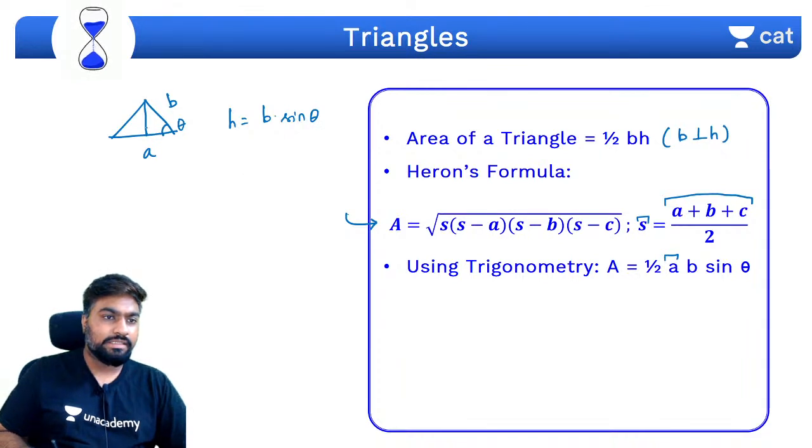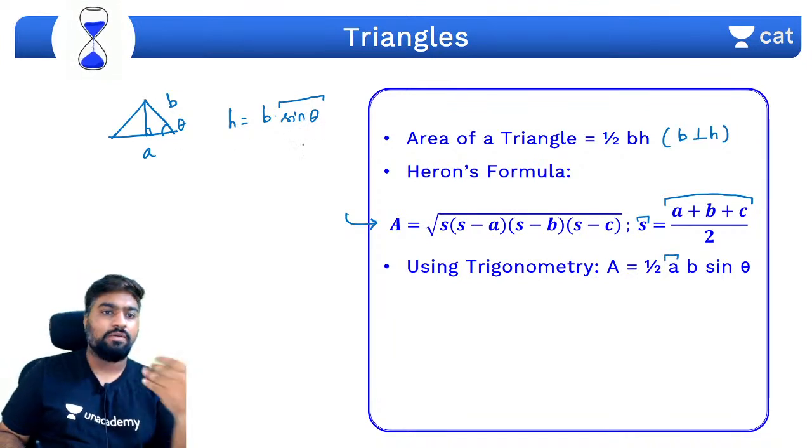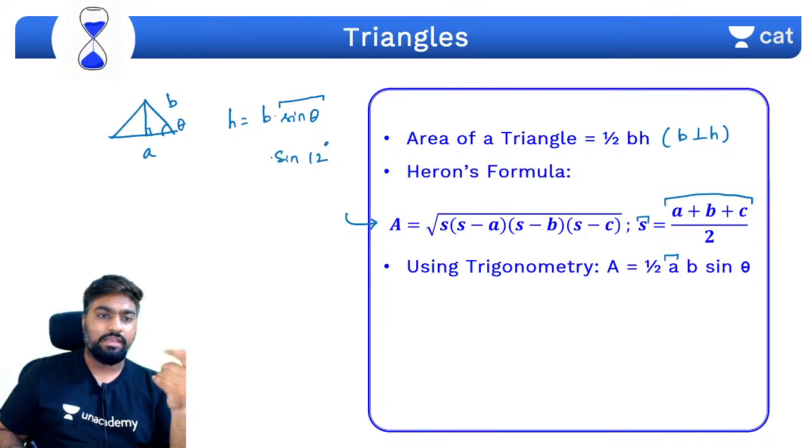Got it? Because this is 90. So sine theta can be found out easily for values like 30, 60, 90, great. If not, if the value of sine theta is given to us, say sine 12, then we can use this formula as well.